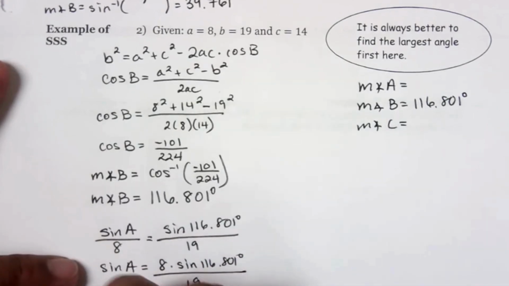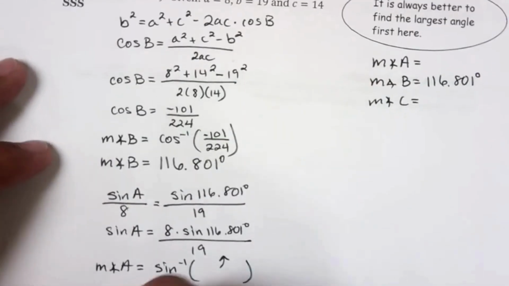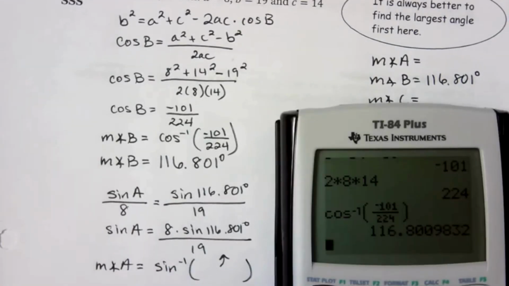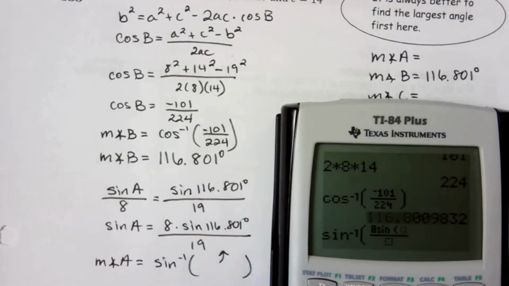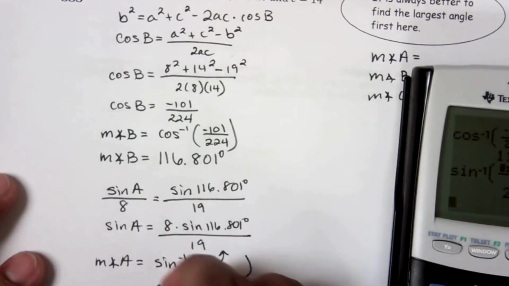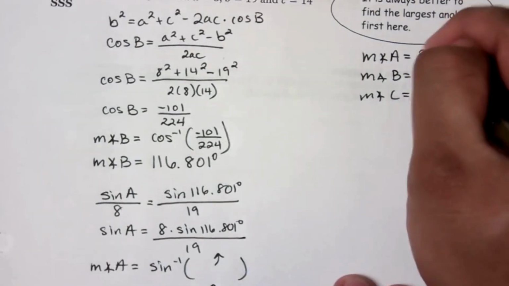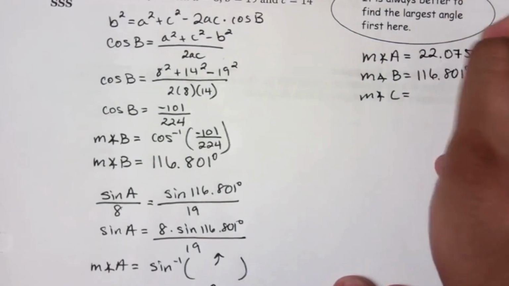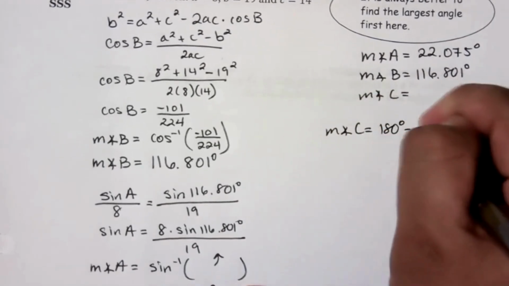Again, looking for an angle measure, but we're using law of sines, so we're going to do sine inverse of this. So let's put that in the calculator. Sine inverse, nice fraction, 8 sine of, go and grab that answer, over 19. And we get 22.075 degrees. And again, to find the third angle, just subtract the other two from 180.